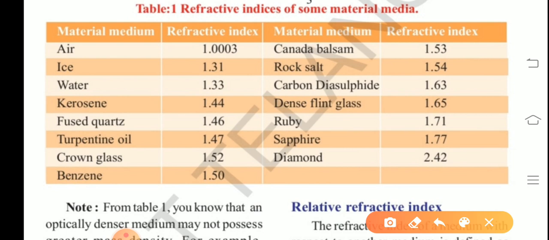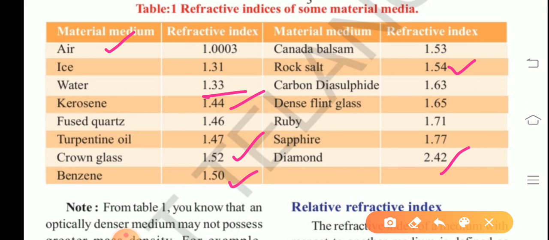Refractive indices of some materials and media. Air refractive index is 1.003 and water 1.33, kerosene 1.44 and crown glass 1.52, right? Diamond 2.42, rock salt 1.54, right?